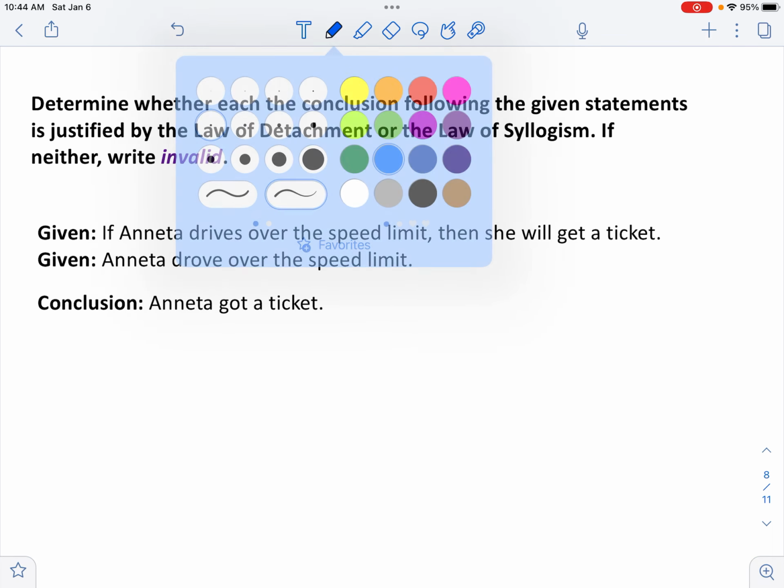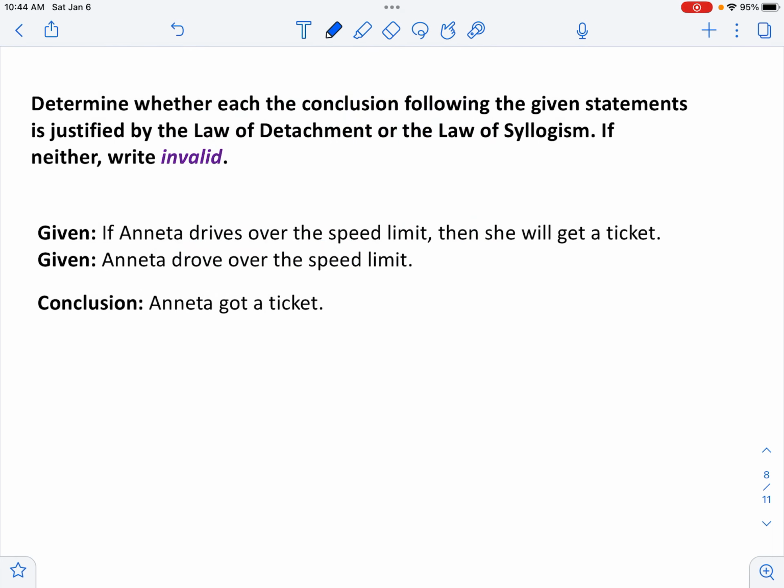If Anita drives over the speed limit, P, then she will get a ticket, Q. Anita drove over the speed limit, that's P. Then Anita got a ticket. This should be Q. That looks to be valid, and that is the law of detachment. You can kind of tell because this is in another if-then statement. But they match. So that's law of detachment.